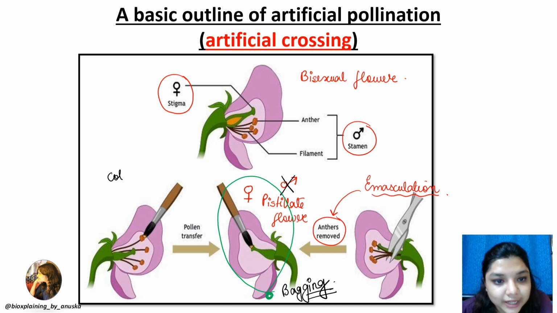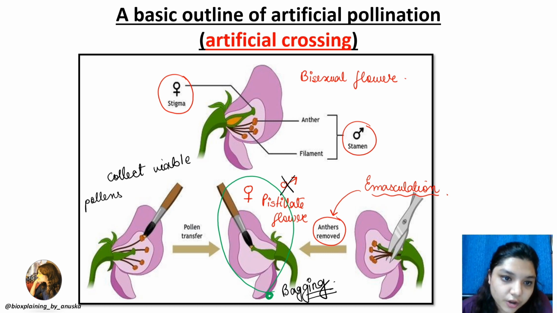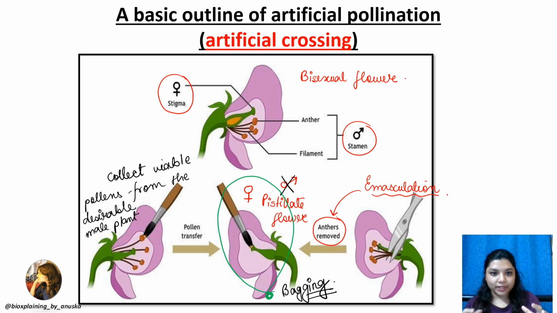We have to collect viable pollens from the desirable male plant. So whichever male plant we want to use for pollination, we'll collect pollens from there and transfer it to this bagged pistillate flower that we have. So in this way, artificial pollination takes place.